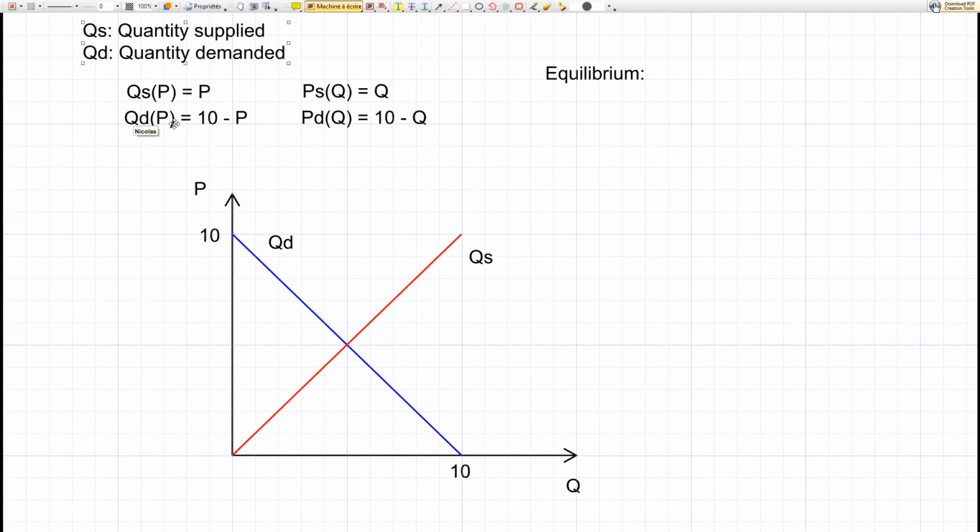And this, I just isolate P on that side and I get PD equal 10 minus Q.